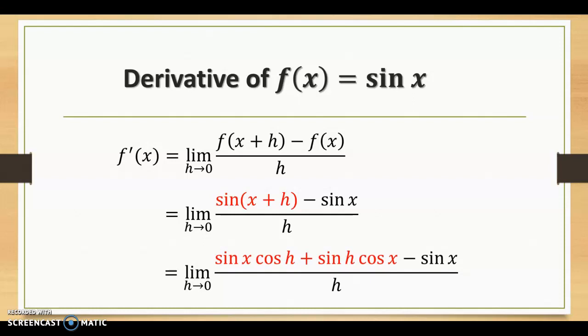In red, I've highlighted the original form, sine of x plus h, and what the identity allows me to turn it into: sine of x cos of h plus sine of h cos of x. Now we're going to reassemble these terms in a slightly different order.